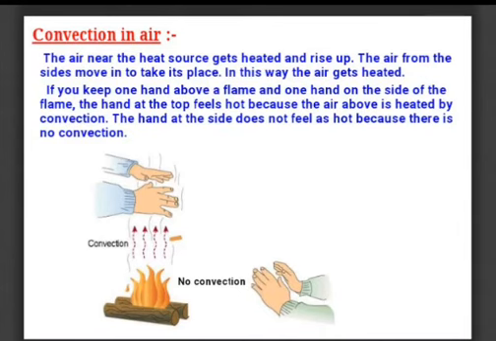If you keep one hand above a flame and one hand on the side of the flame, the hand on top feels hot because the air above the heat is heated by convection. The hand at the side does not feel as hot because there is no convection.